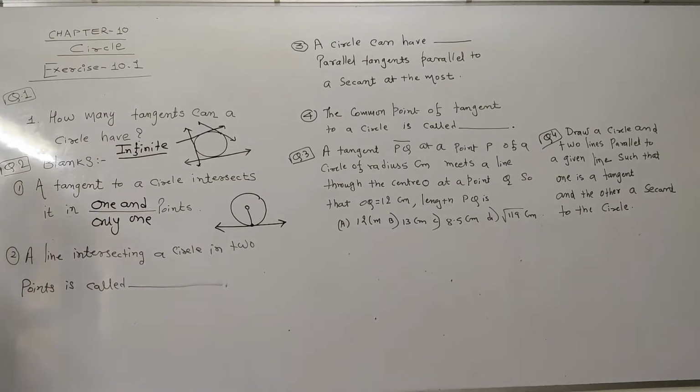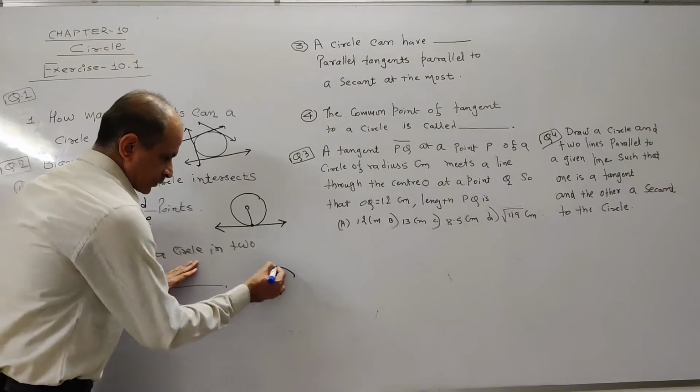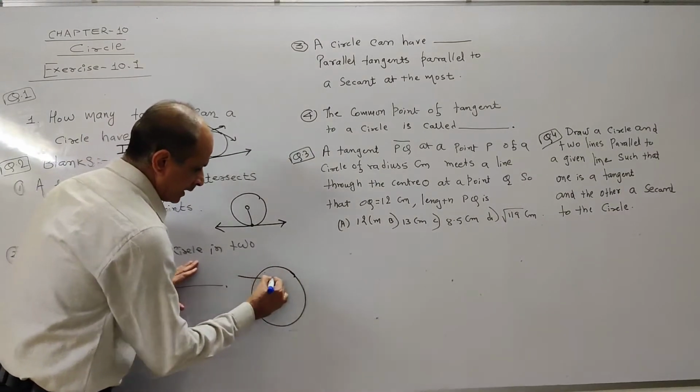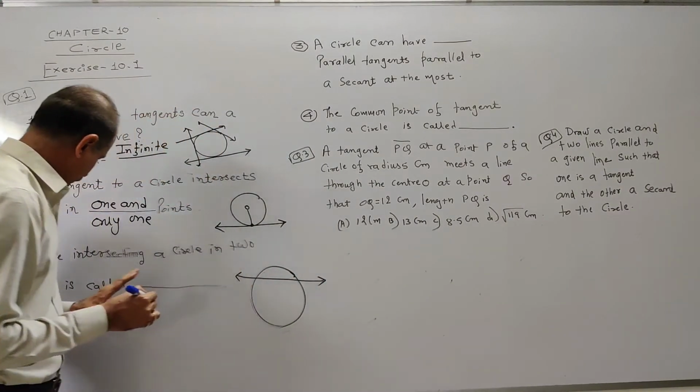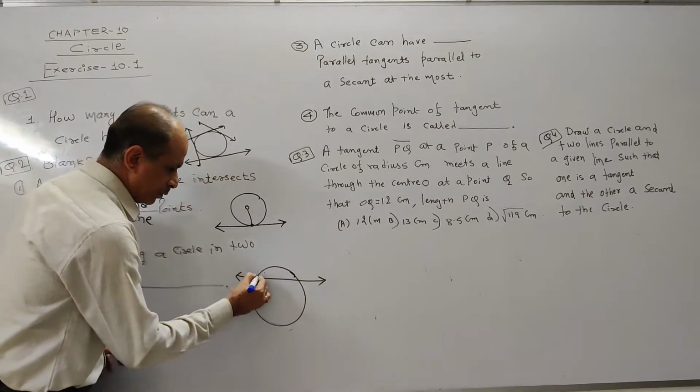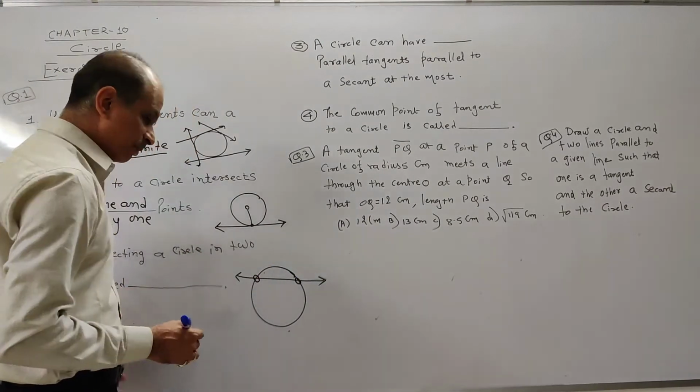So from the definition you can give the answer of question number 1 as well as the first blank of question number 2. Now let me solve blank number 2. A line intersecting a circle in 2 points is known as blank.